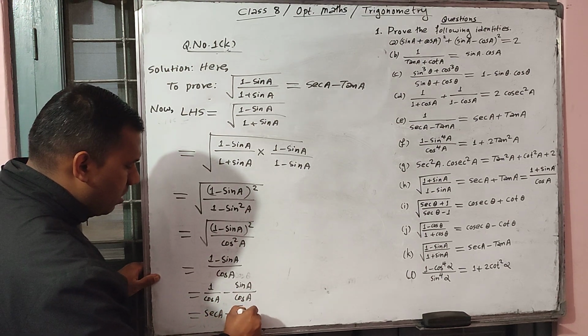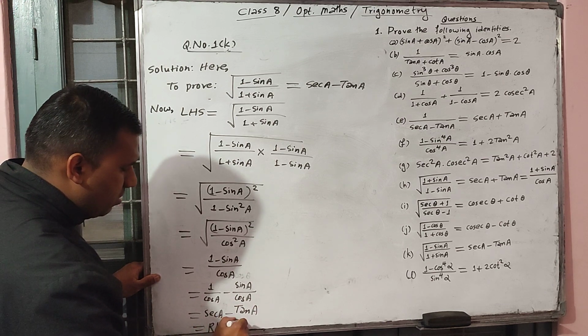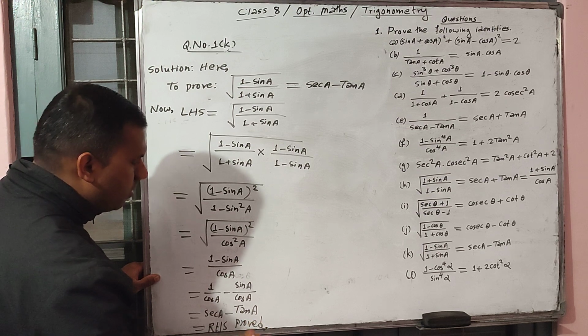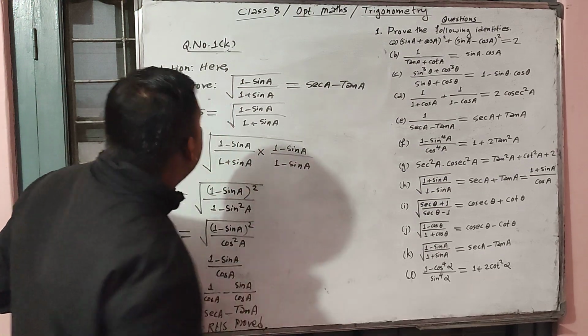So sec A minus tan A equals RHS. So it is proved.